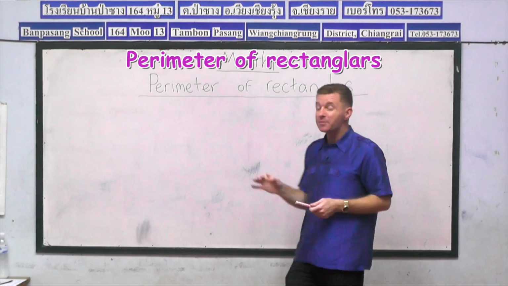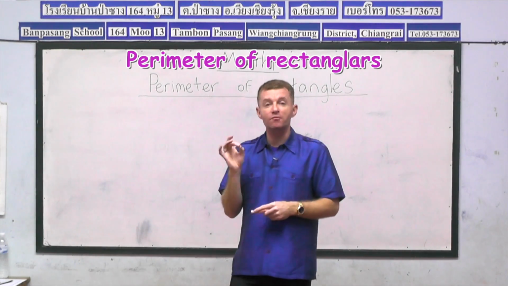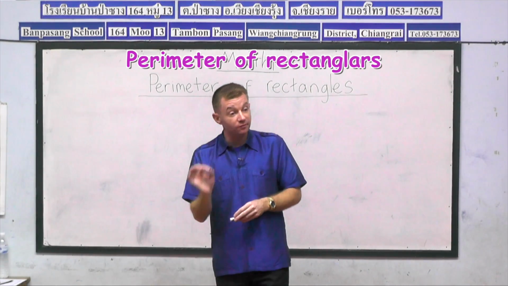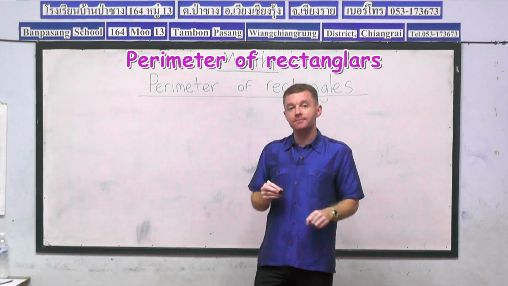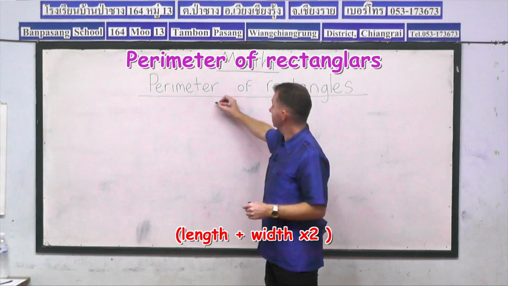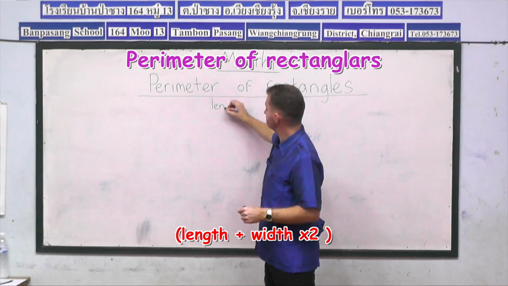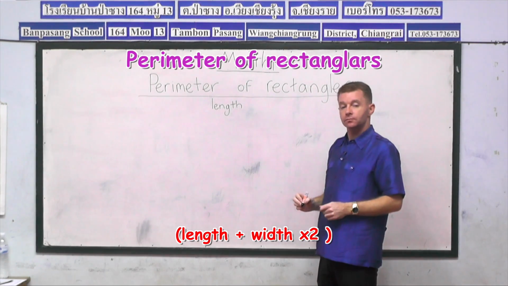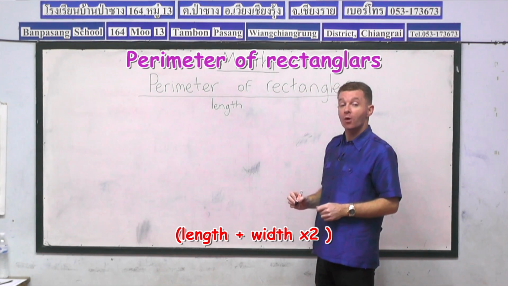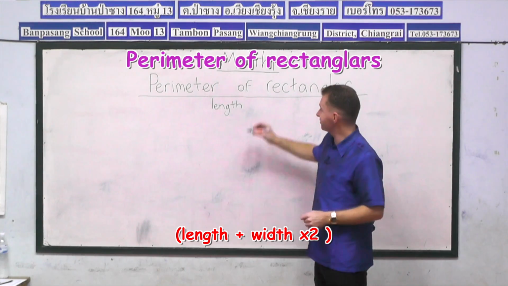And remember, when we want to work out the perimeter of rectangles, there's a simple formula that we can follow to get the right answer every time. Remember, the formula is length, and then what do? Plus width.